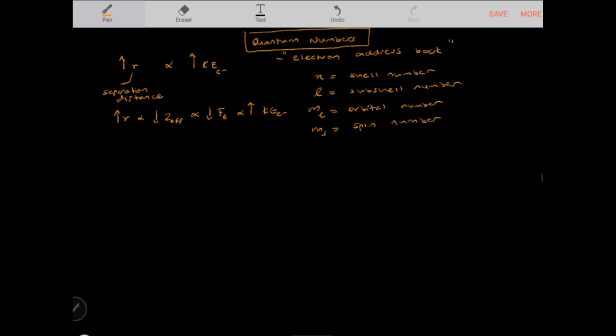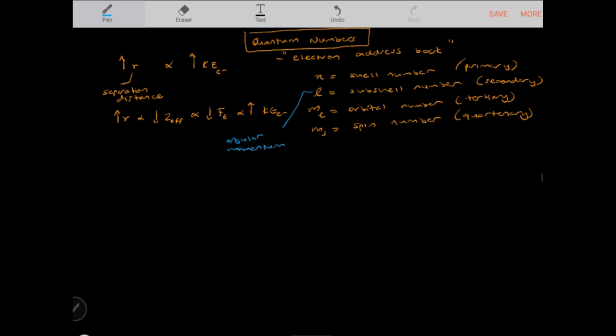Now, these are also given different names. You can also consider them the primary quantum number, the secondary quantum number, the tertiary quantum number, and the quaternary quantum number. These are the other names they're usually given. The second one is called the angular momentum quantum number, but I honestly think it's a lot easier just to look at it this way.